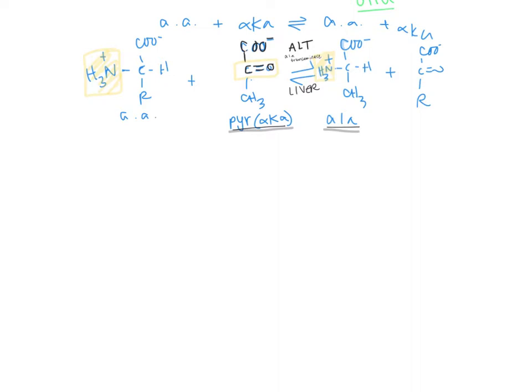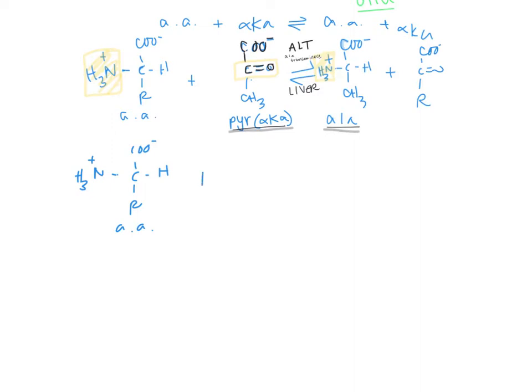H3N plus, C, COO minus, H, to an R group. There's my amino acid.